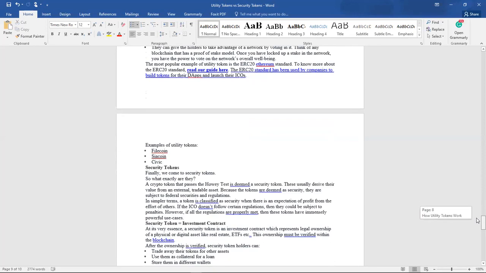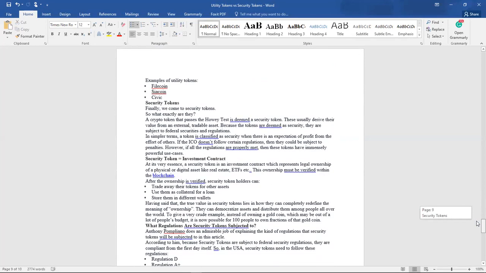Now we have security tokens. What exactly are security tokens? A crypto token that passes the Howey test is deemed a security token if it's an investment of money and there is profit expected. These usually derive their value from an external tradable asset.